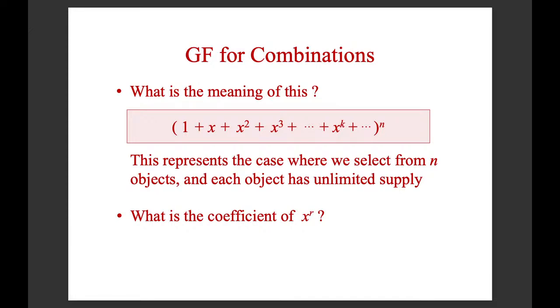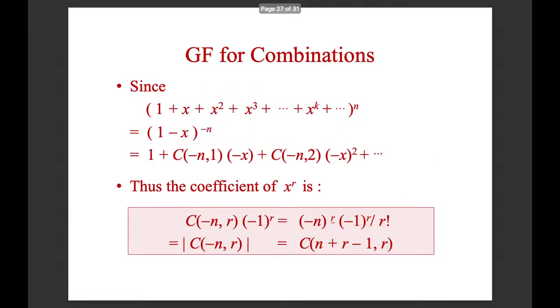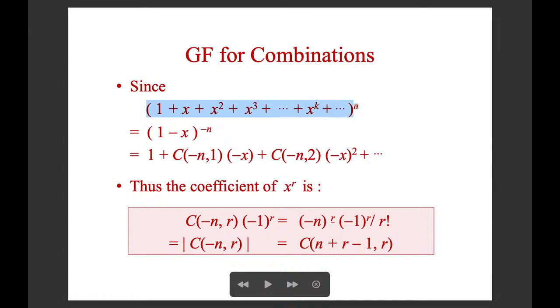And then the coefficient of x to the power k tells us all the possible number of ways. So what is the number of ways that we are selecting exactly k items such that altogether there are n types, and then for each type there is unlimited supply. Okay? And then notice that this 1 plus x plus x squared up to infinity is exactly the same as (1 minus x) to the power minus 1.